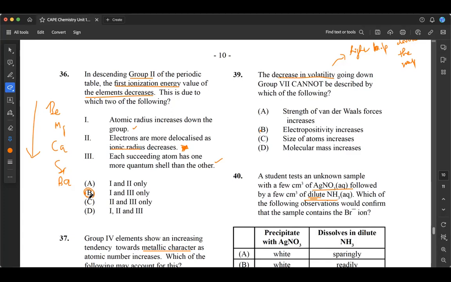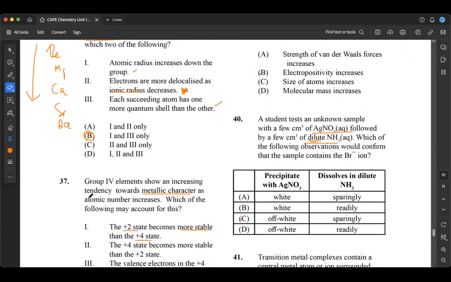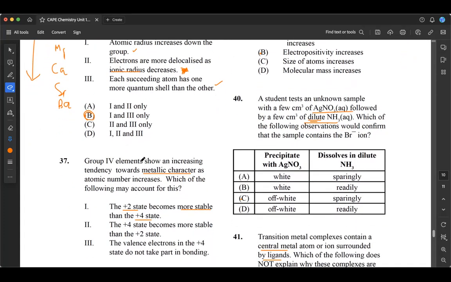All right, so moving down to 37. 37 says, group 4 elements show an increasing tendency towards metallic character as atomic number increases, right? So group 4 elements, let's just jot those down real quick.